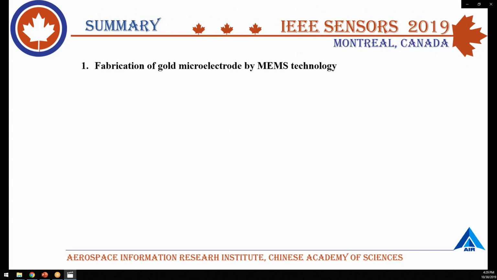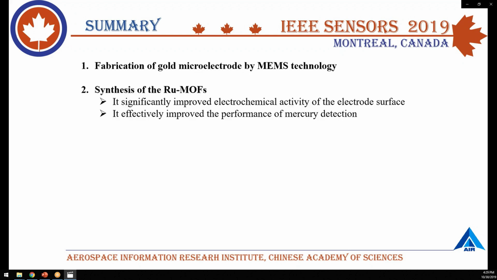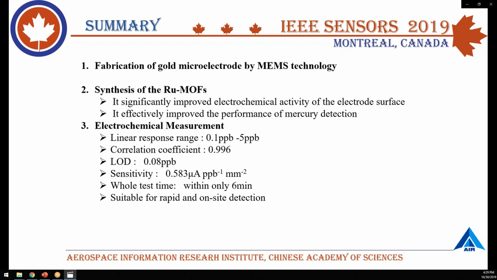To sum up, firstly, we fabricated the microelectrode by MEMS technology. Then, Ru-MOFs were synthesized by the cathodic method, and the sensor shows a good performance of mercury detection.